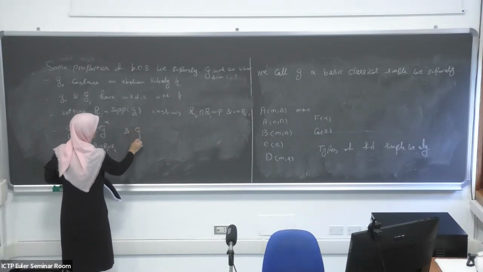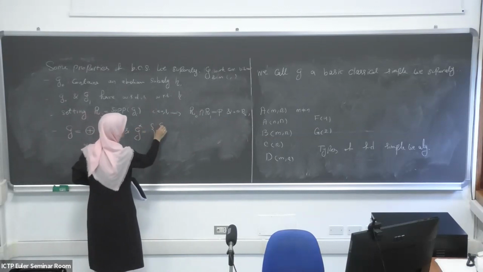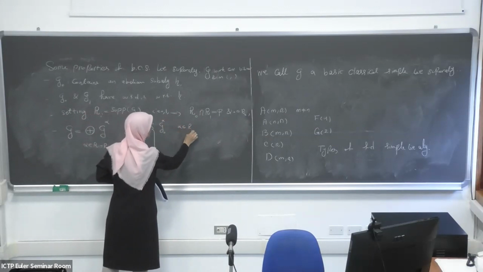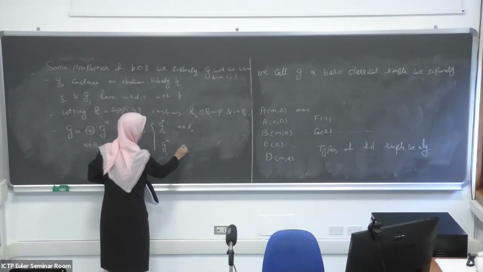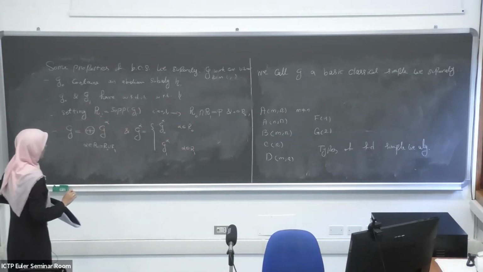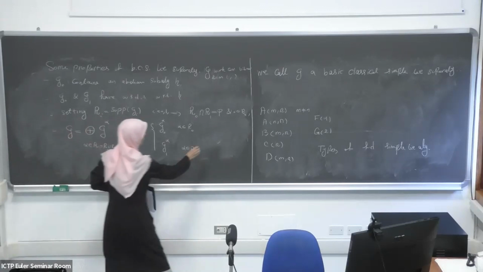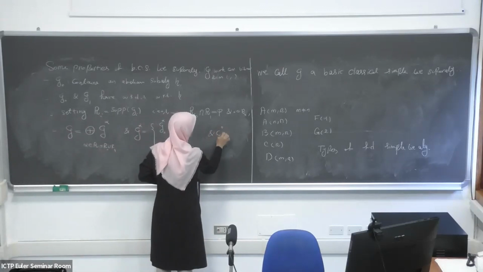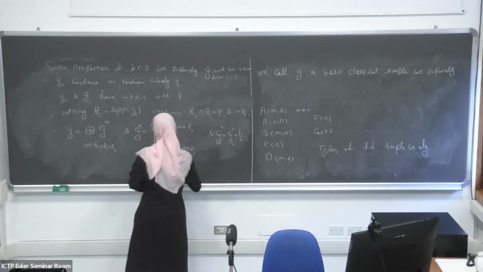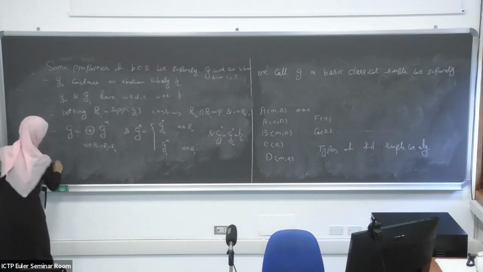And G alpha: G0 alpha is for alpha an element of R0, and G1 alpha is for alpha an element of R1. And G0, which is G00, is H. Okay.